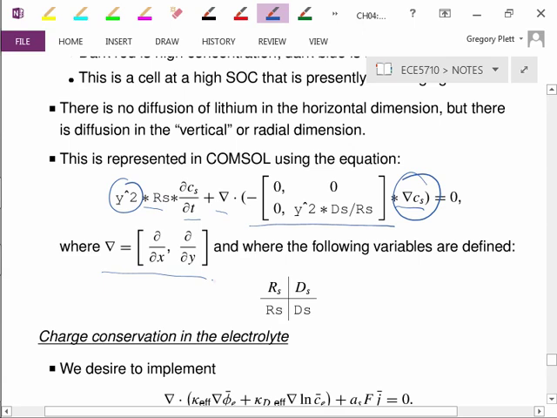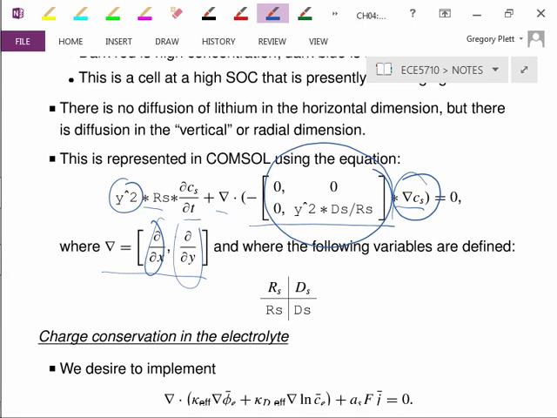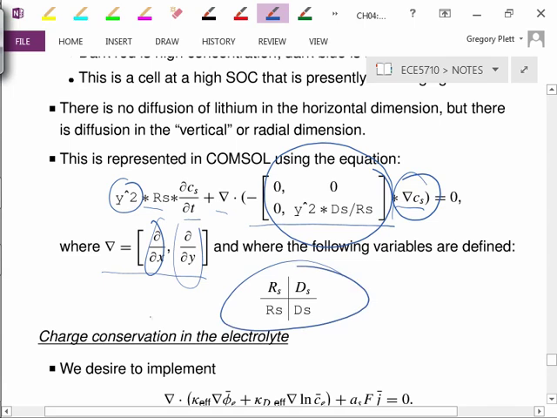And we said there is no diffusion in the x direction, so I have a matrix diffusivity element in there that multiplies all of the partials with respect to x by 0 and retains only the partial with respect to y in the outcome. And it enforces that the divergence is in fact 0 in the x dimension and only has a component in the y or r direction. And we define these constants as well.